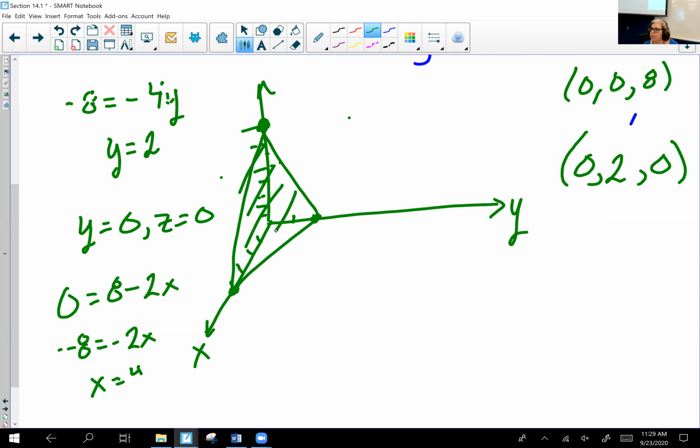We get something that looks like that. That would be a plane that would keep going, wouldn't it? You'll see how that would just be a plane.